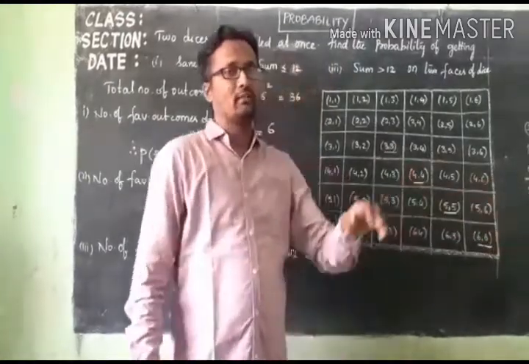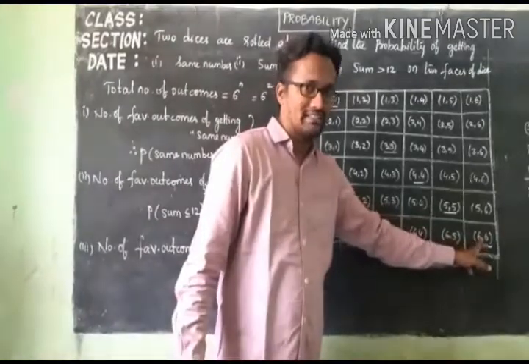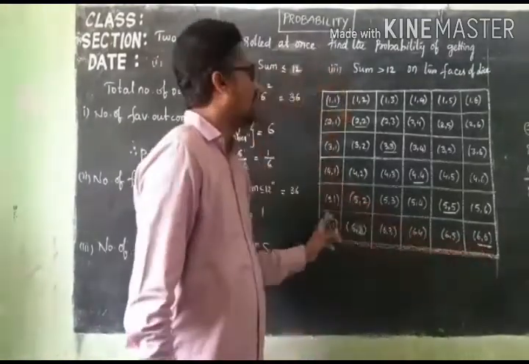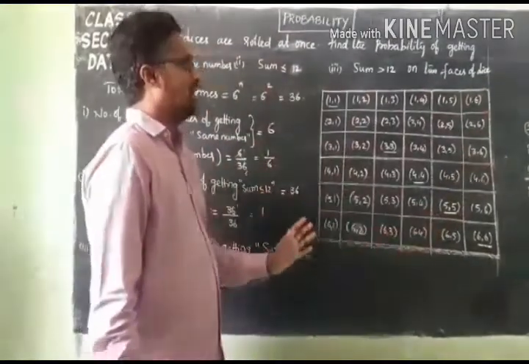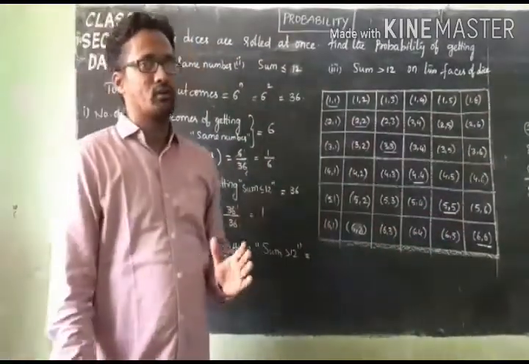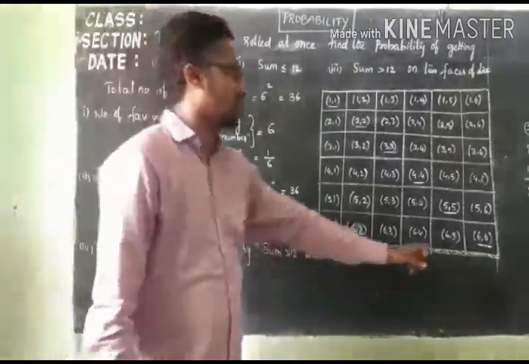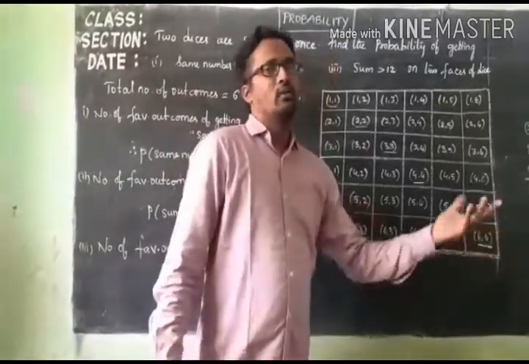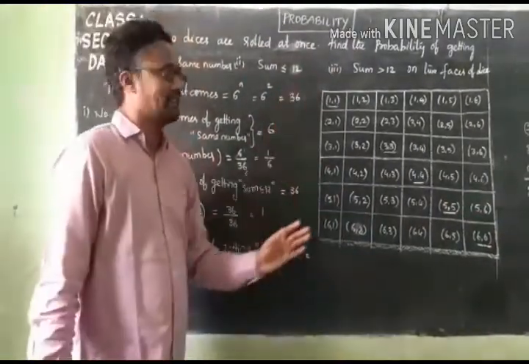That means the sum of the two numbers on the dice is equal to 12 or less than 12. So in all the columns you can't see any case in which the sum of the two numbers on the dice is greater than 12. Since the maximum sum is 12, we are not going to get any sum greater than 12.